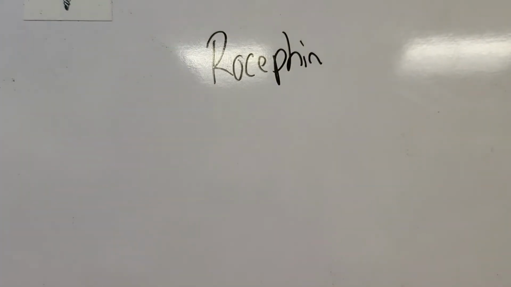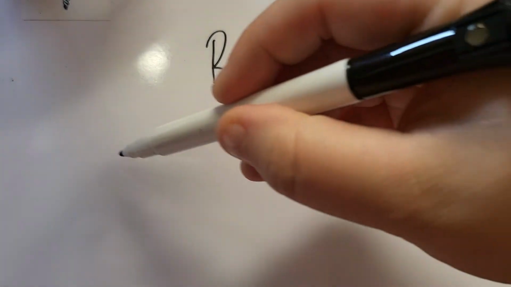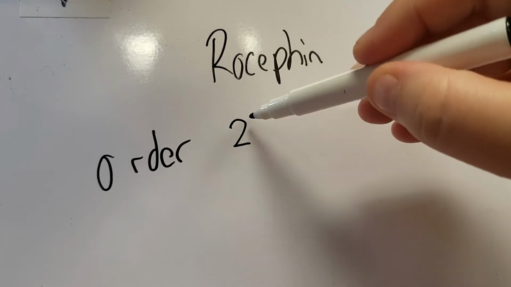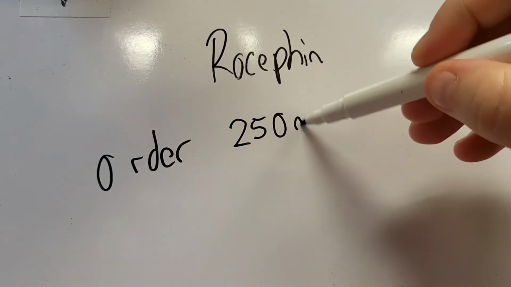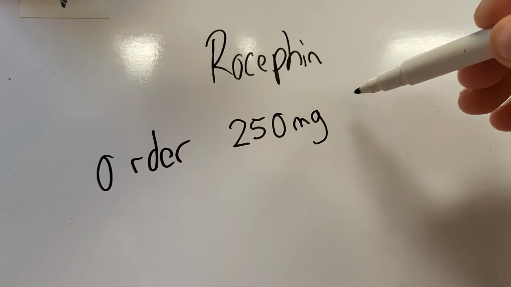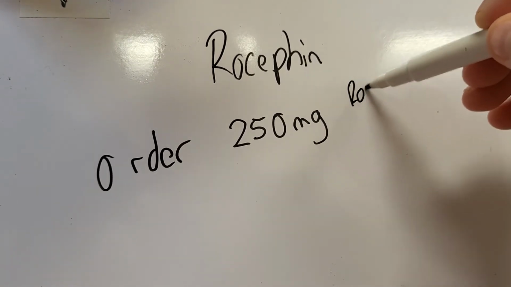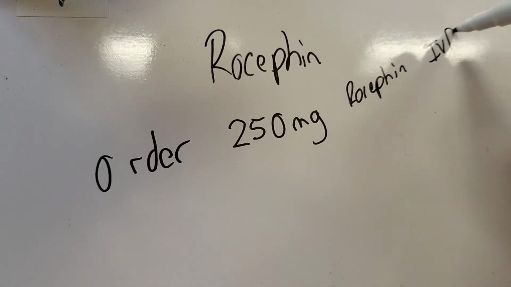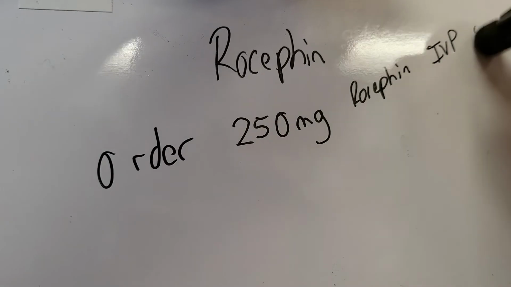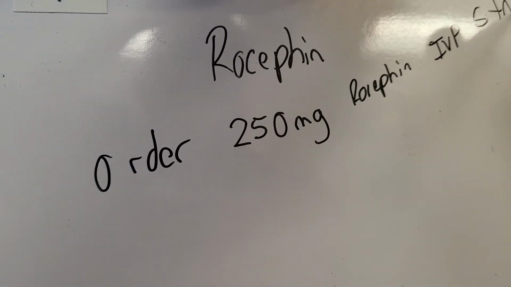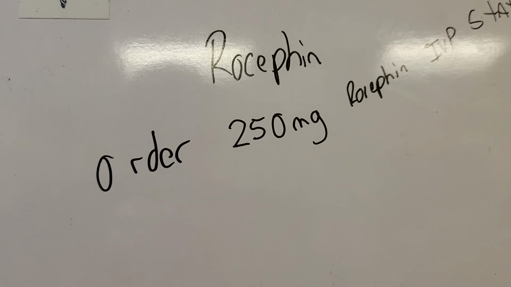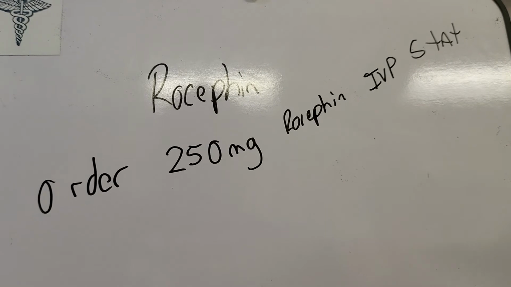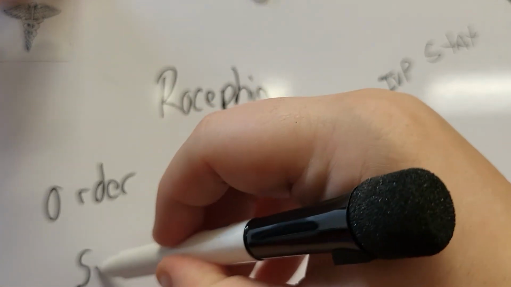If we have an order for 250 milligrams of Rocephin, IV push, stat. IVP means IV push. Or I might say IV. But anywho.